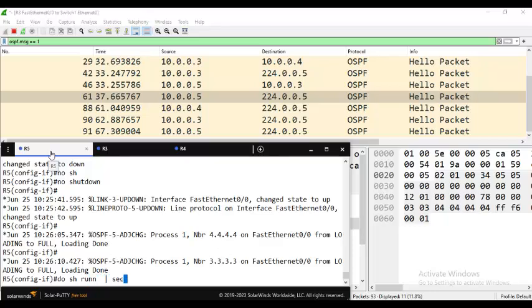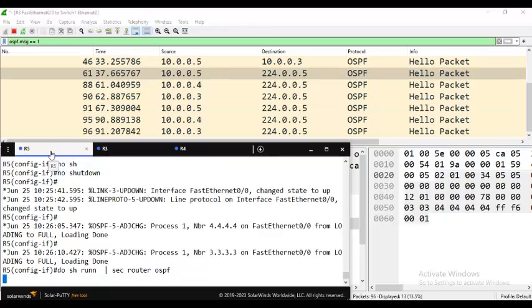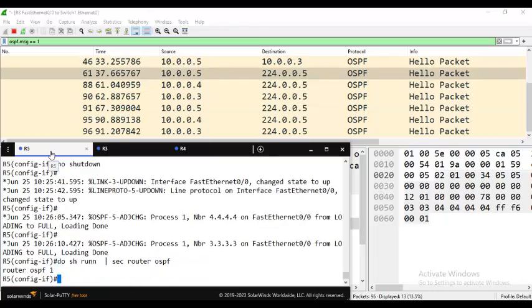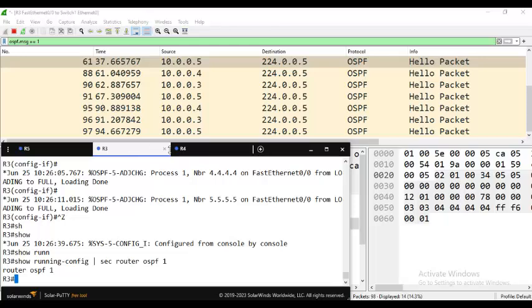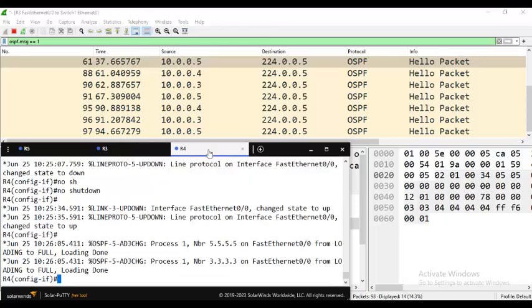Okay, now where are we? Done. We have done point to multipoint. What we go next is point to multipoint non-broadcast, which is available only on the Cisco device. So once again, I shut down all the ports.